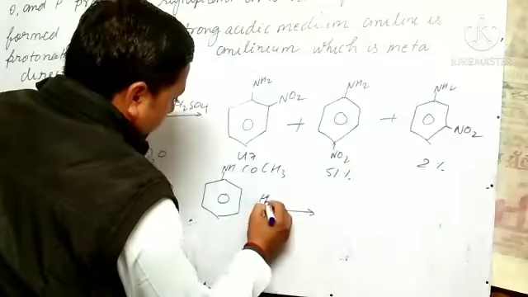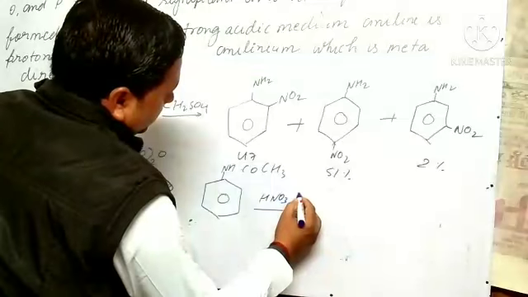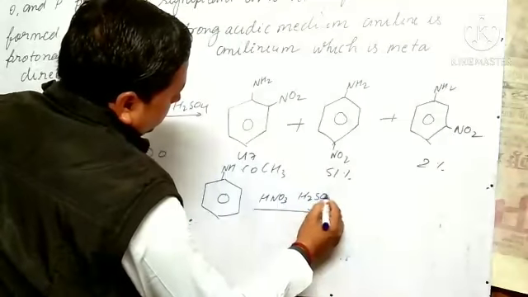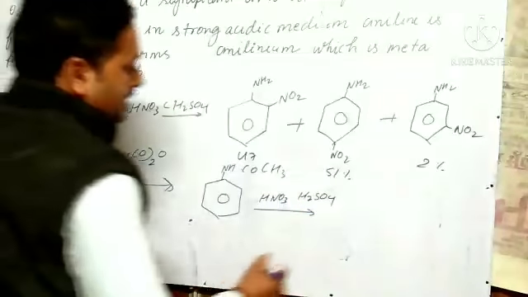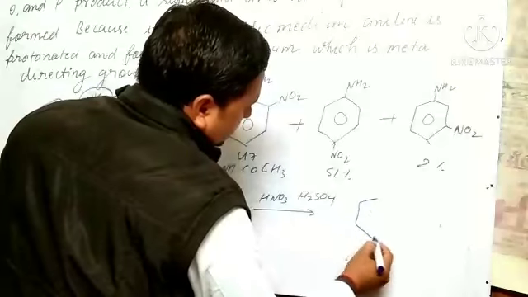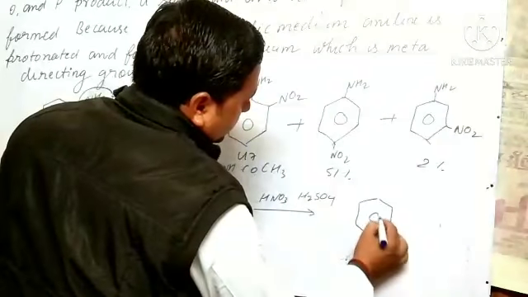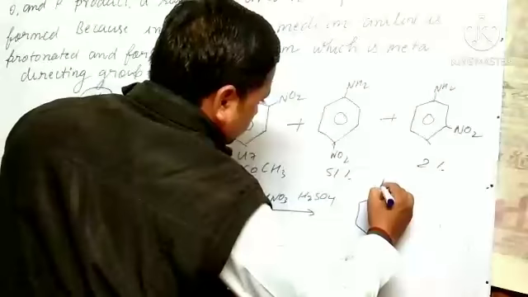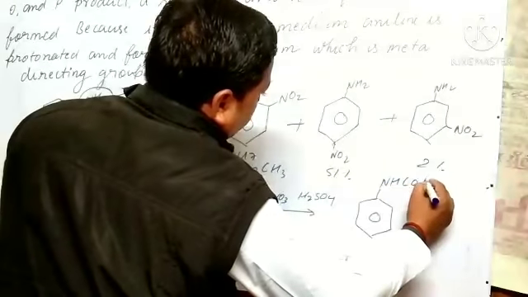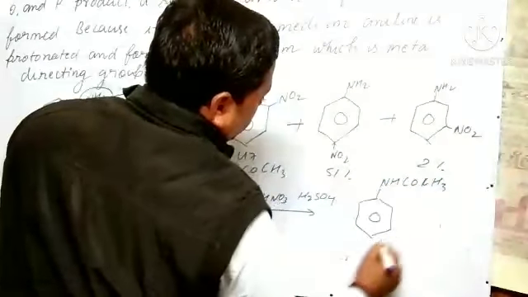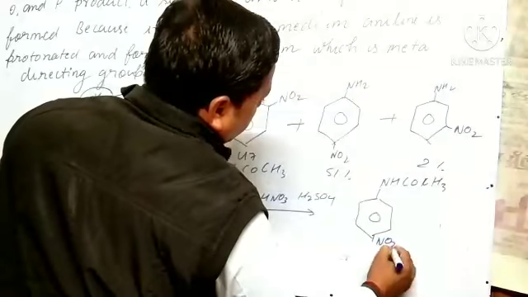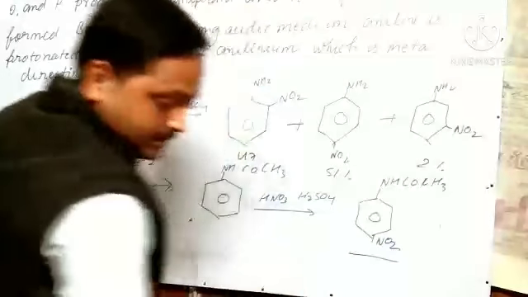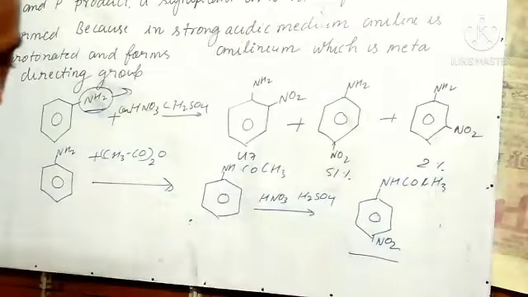So HNO3 and H2SO4 we will use, and we will get para product. If we have the product protected, then we will get para nitro compound like this. Okay students, so this product will be obtained.